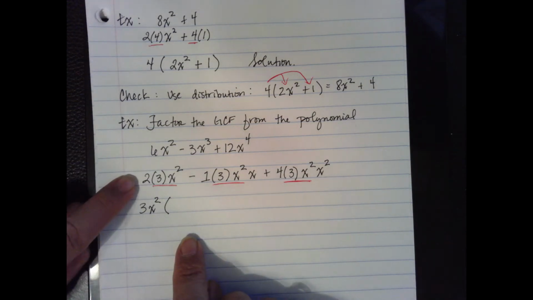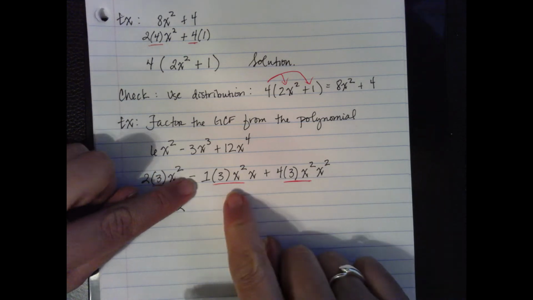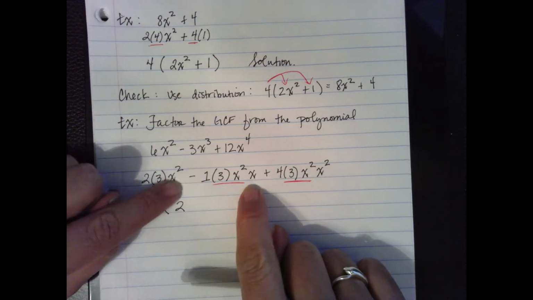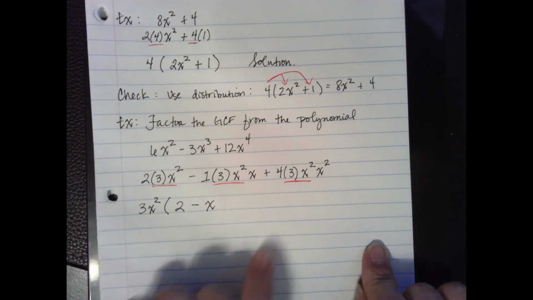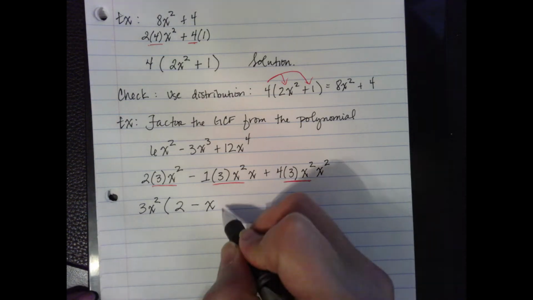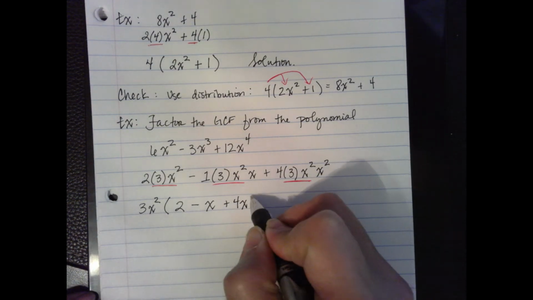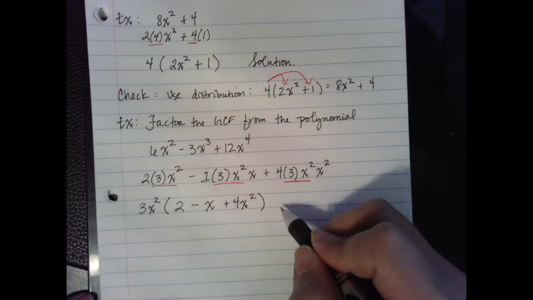So in my first term, I only have 2 left. Here I have minus 1x, so that's the same as just minus x. And in my last term, I have 4x squared. So this would be my solution.